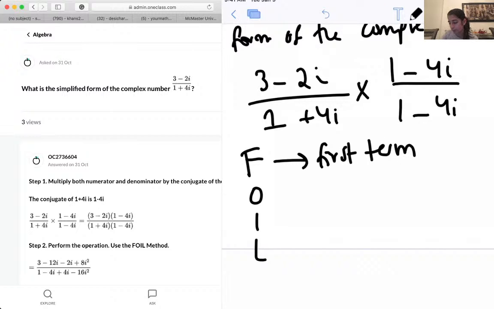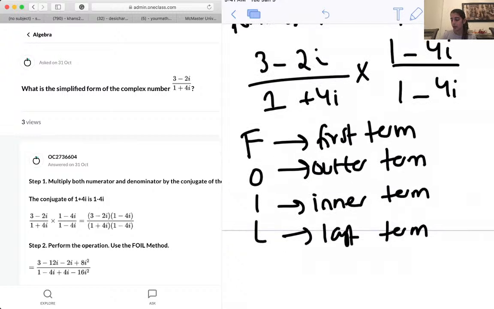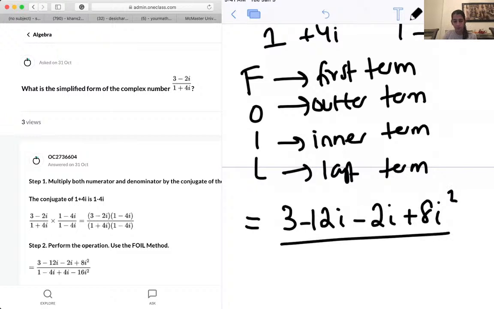Once we multiply this out, we are left with 3 minus 12i minus 2i plus 8i squared over 1 minus 4i plus 4i, which will eventually cancel out, minus 16i squared.